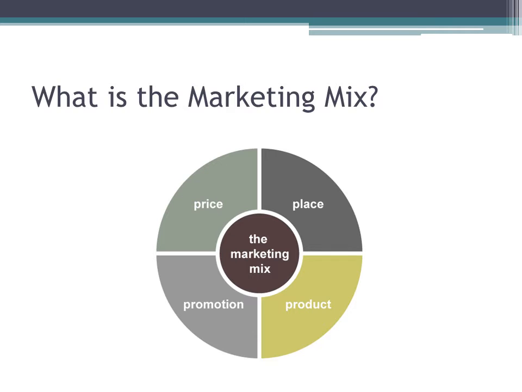The businesses use the 4 controllable variables: product, price, place, and promotion to assist in defining their target market. This mix helps the business satisfy customer needs and maximize business performance. Today we are going to use the example of cloud computing and how they use the marketing mix.